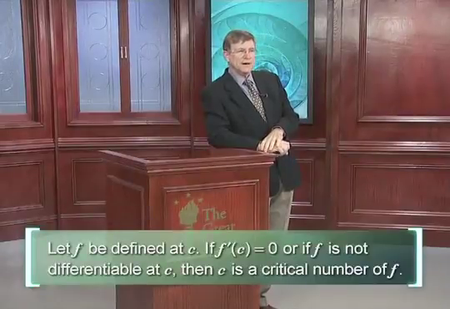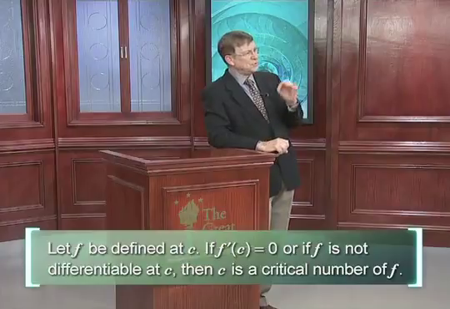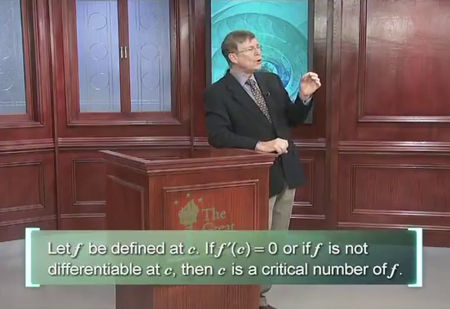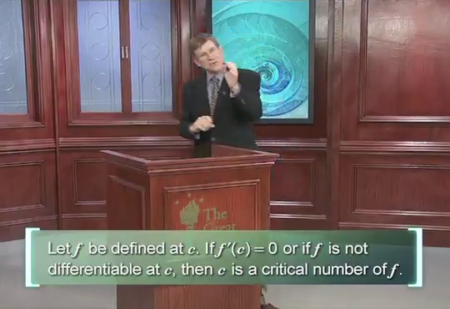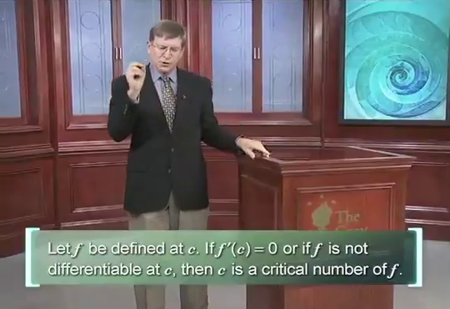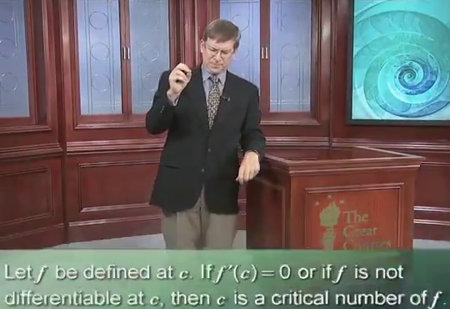Let f be defined at c, some value c. If the derivative at c is 0, or if f is not even differentiable at c, then we call c a critical number. So the critical numbers are the numbers where the derivative is 0, or perhaps the derivative doesn't exist.